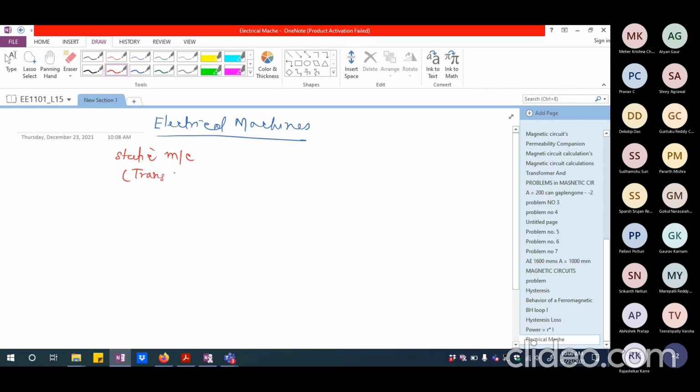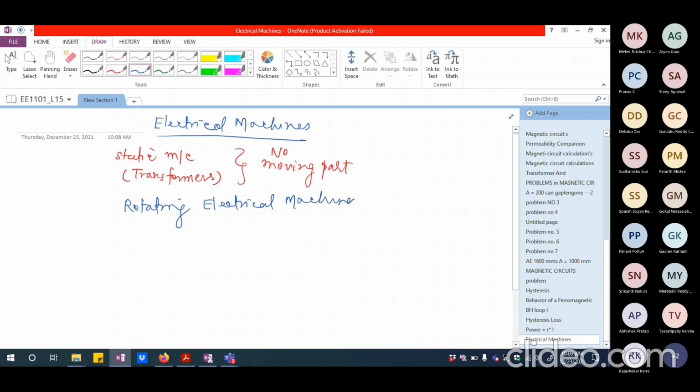It doesn't have any rotating parts, no moving part in this particular machine. We will start with this, which is one of the simplest electrical machines, and we will go towards rotating electrical machines. I will only give an introduction to some of them, nothing more than that.